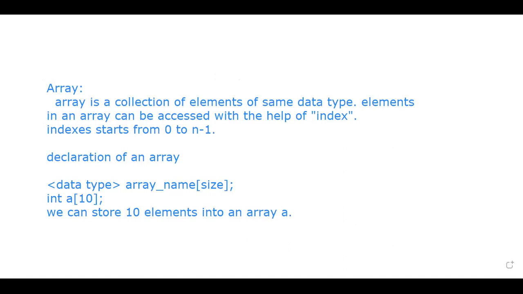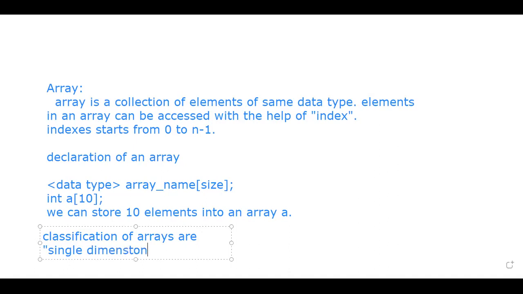So now, arrays are classified into two types. The classification of arrays is single dimension and multi-dimension.